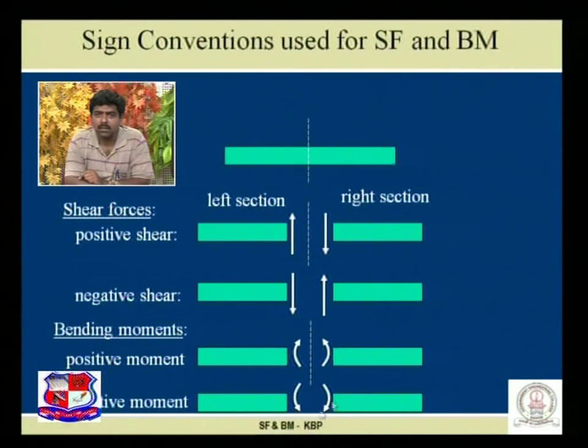Opposite to that, for the left part, an anti-clockwise moment, or for the right part, a clockwise moment, is known as hogging bending moment, which is treated as negative bending moment in this particular series.